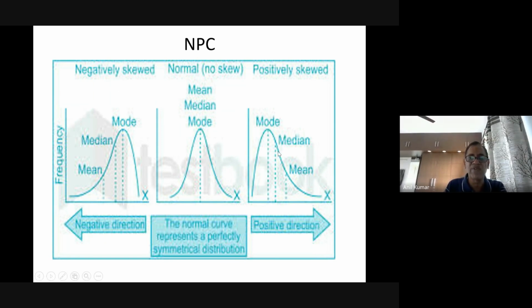Positively skewed is where cases are more on the positive side. Number of scores lying on the right side are more compared to the number of scores lying on the left side. And when this is the situation, we say positively skewed data is there.